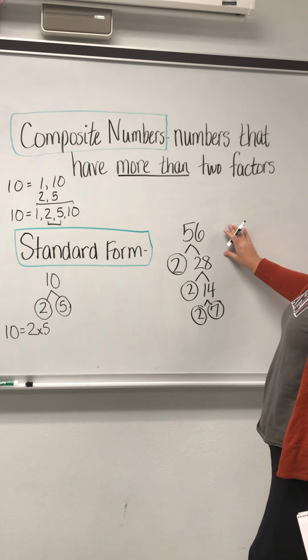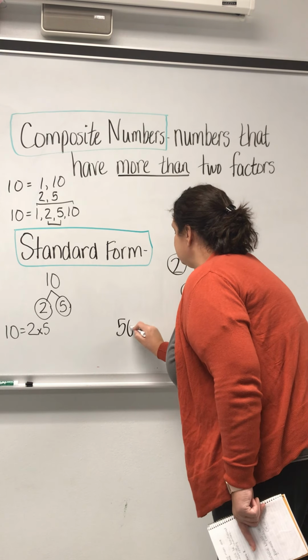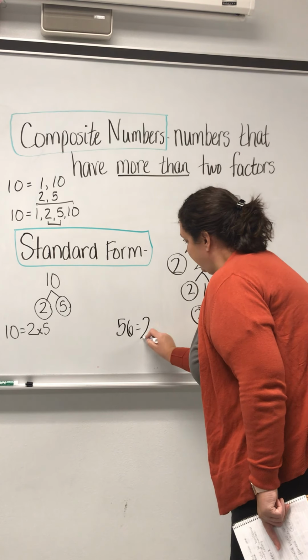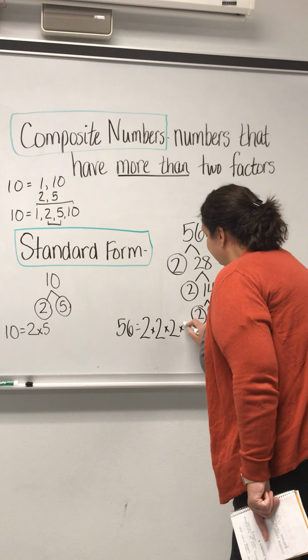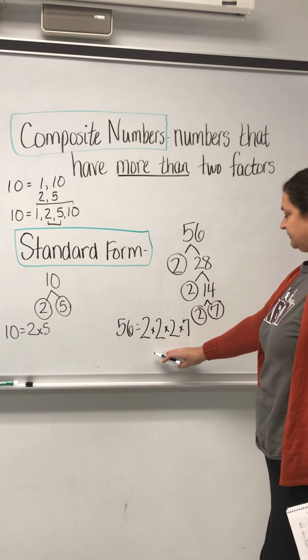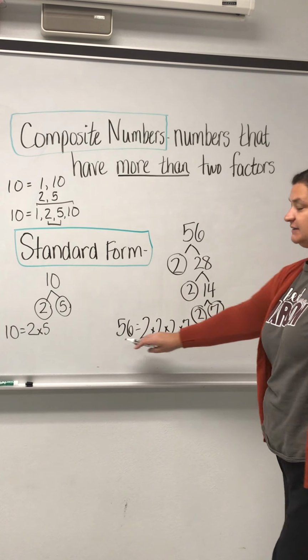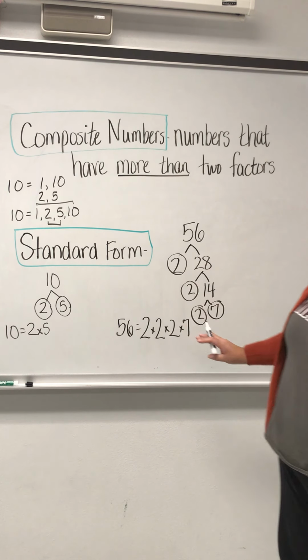So to write 56 in standard form, I'm going to write each of these numbers down, and I'm going to put an x between them all, so I know I have to multiply, because 2 times 2 is 4, 4 times 2 is 8, and 8 times 7 will give me 56. So that's how we're going to write things in standard form.